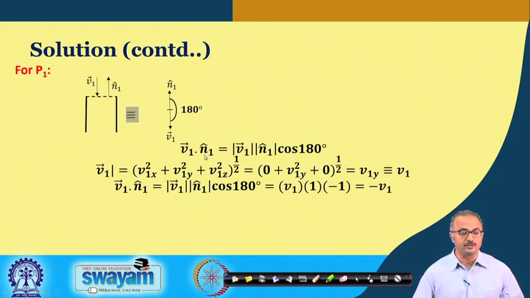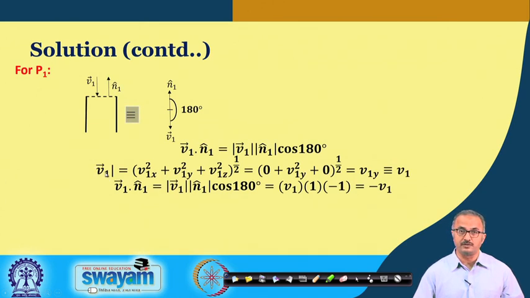For port 1, the velocity has a vertically down direction, whereas the normal of this surface is outward. So this velocity direction and this normal direction are opposite to each other, and the angle between these two vectors is 180 degrees. When we take the dot product, we take the magnitudes of each of the two vectors and the cos of the angle between them, and this angle is 180 degrees.